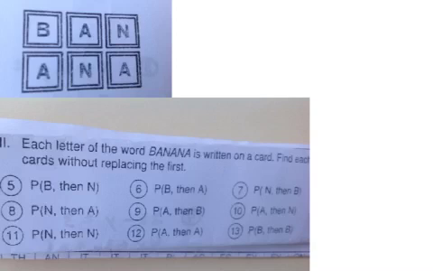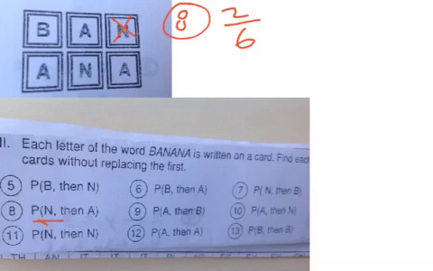Okay, so now that we have 5, 6, and 7 done, let's see if we can pick the pace up a little bit. Problem 8. Well, again, there's 2 out of 6 that are N's, right? Let's say that's the N that's gone. It doesn't matter which N is gone, but now they're asking for A. Well, there's 3 A's out of how many? 5.